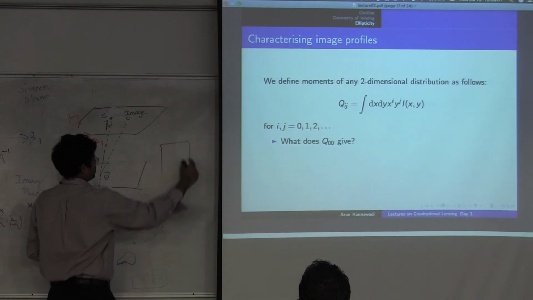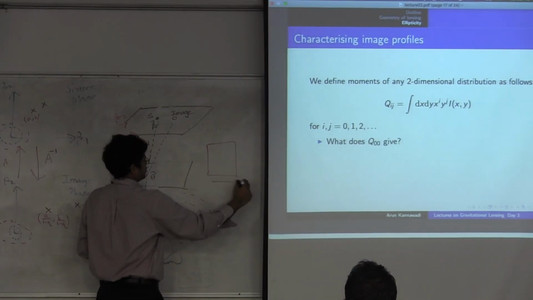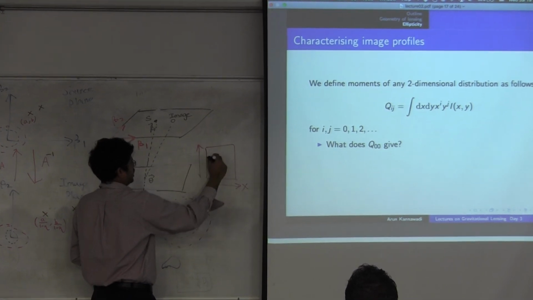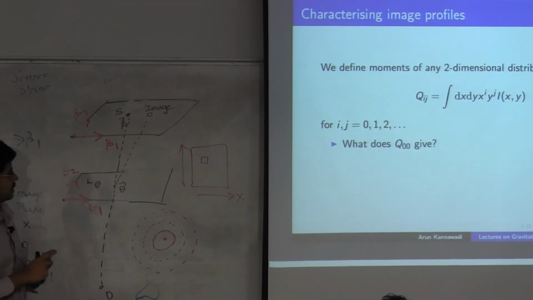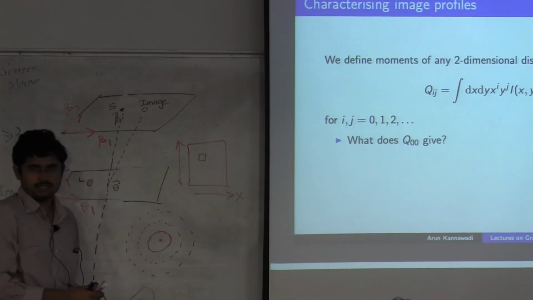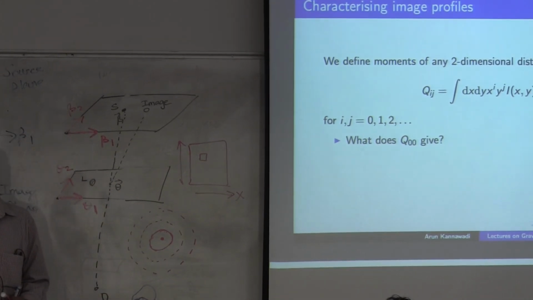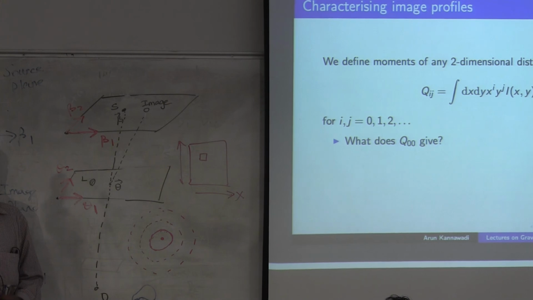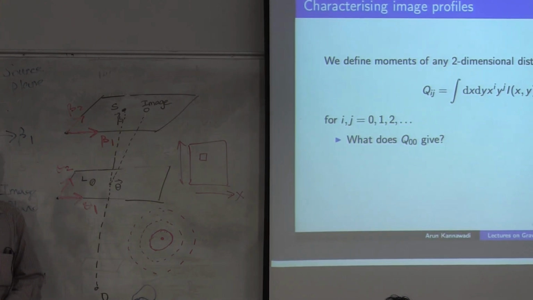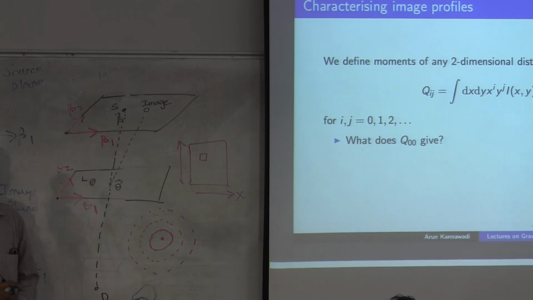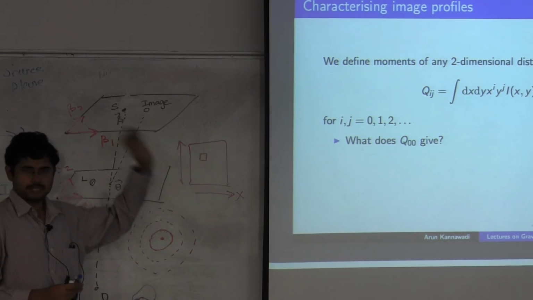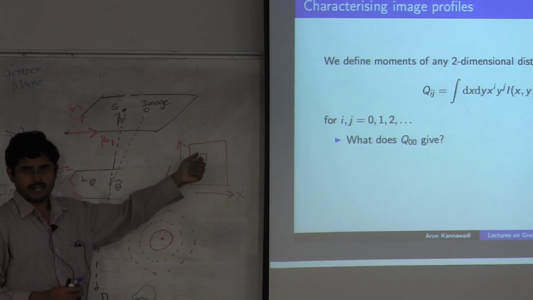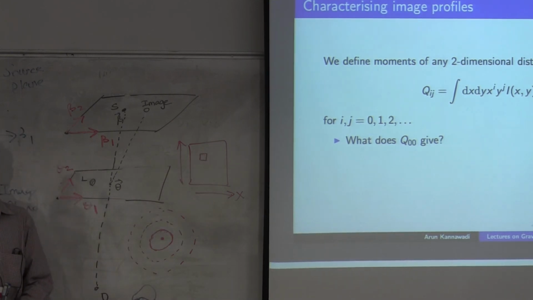So if this is the image, if this is the x axis and y axis, you take a pixel here, and the brightness that you observe in this pixel is the I of x and y. So it's the flux in that particular pixel. Yeah, like intensity, yes. Or we just call this the pixel value. It's whatever number that you have in a given pixel, which will correspond to the brightness or the flux collected at that particular point.